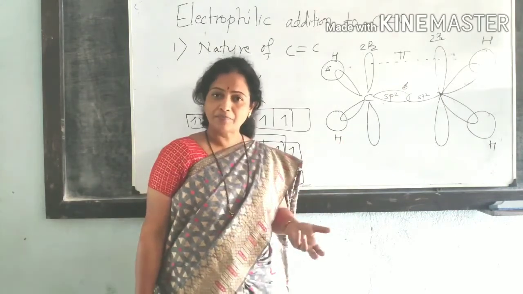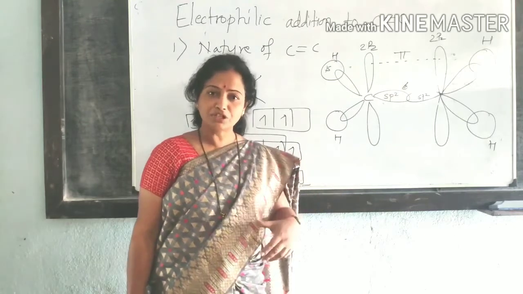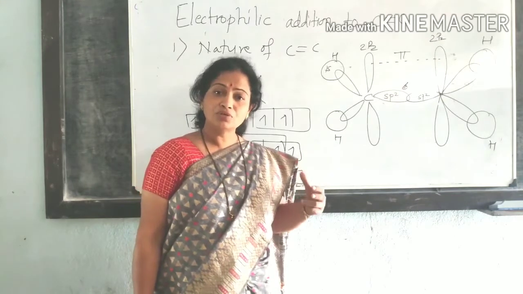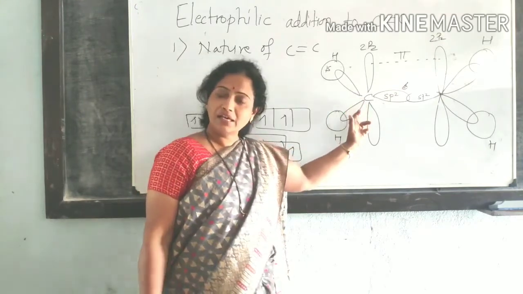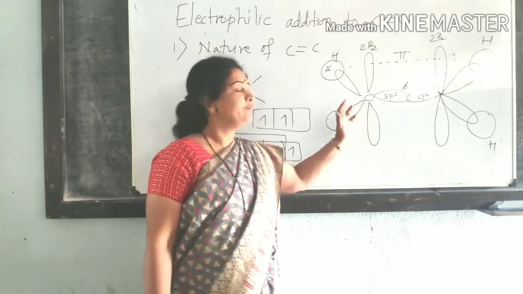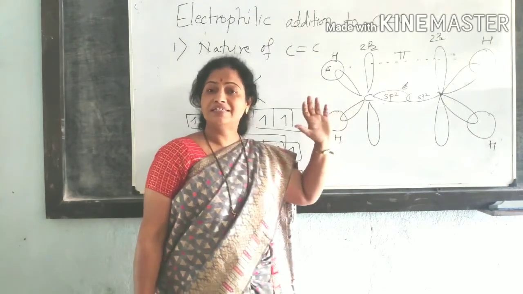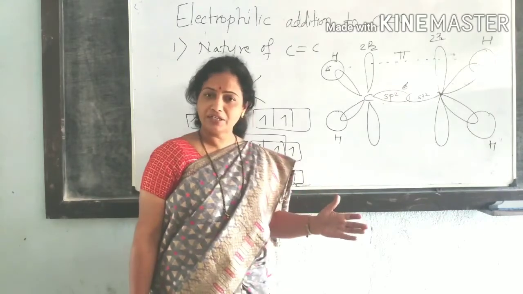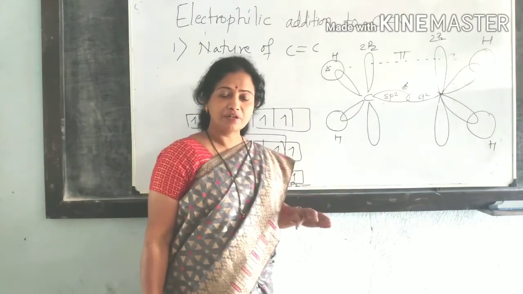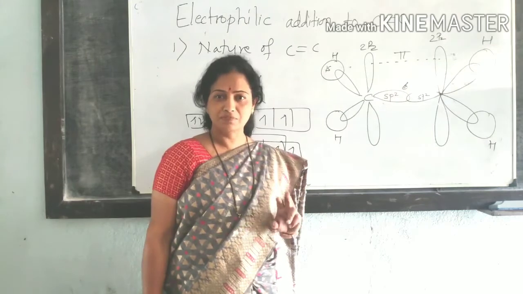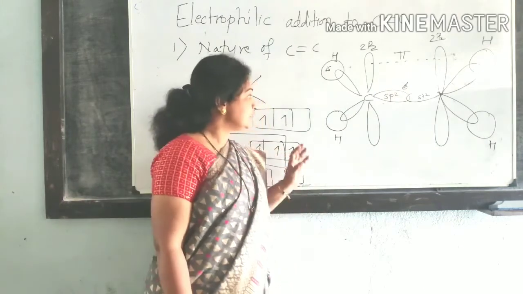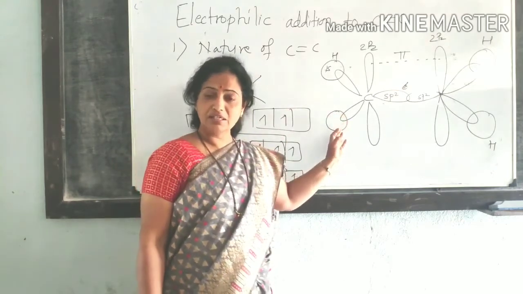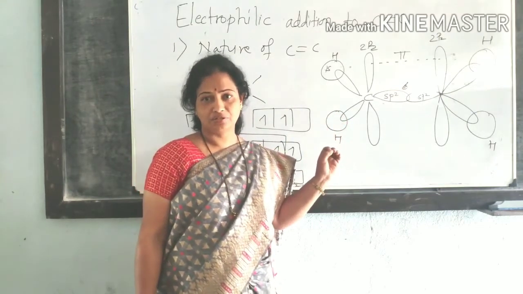While in case of pi bonding, the lateral overlapping is much weaker and therefore the pi bond is much weaker. Pi electrons are loosely bonded with the nucleus, and that's why this pi bond breaks easily by addition of an electrophilic reagent, and it gets converted into two new sigma bonds. And hence electrophilic addition reaction to these alkenes is the characteristic reaction.